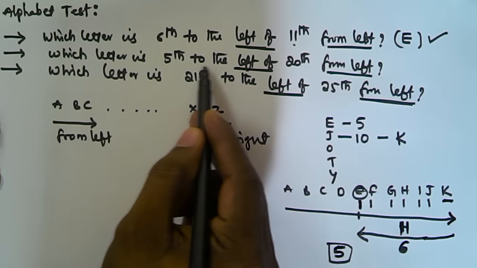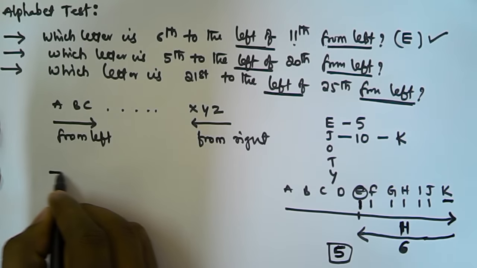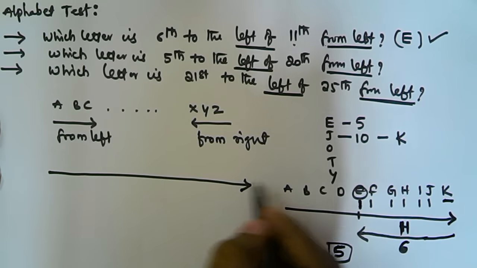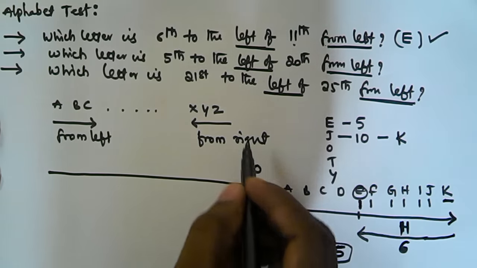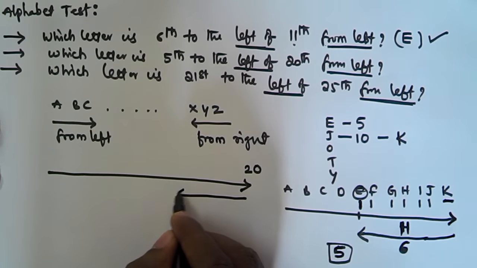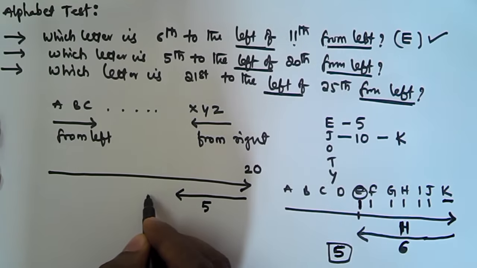Which letter is 5th to the left of the 20th from the left? So that means we are moving 20 positions from left. We know that 20th is T. Again 5th to the left of this one, so we are moving 5 positions back, right? This is moving in this direction, this is moving in this direction.